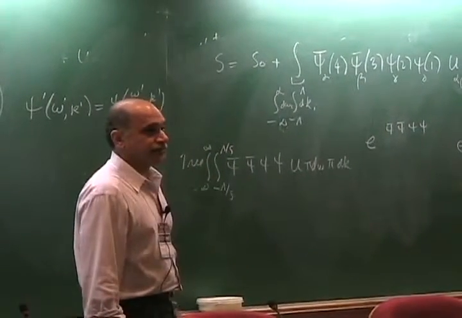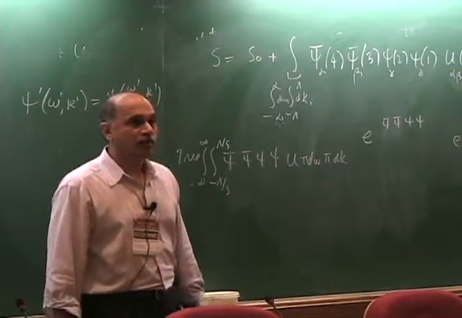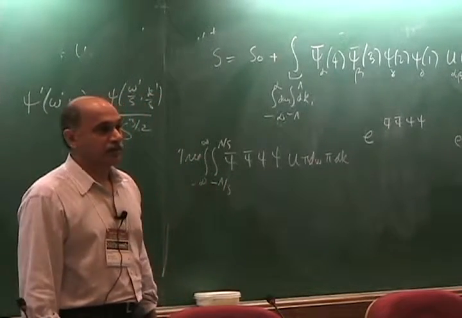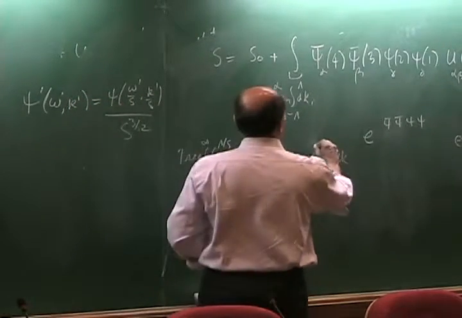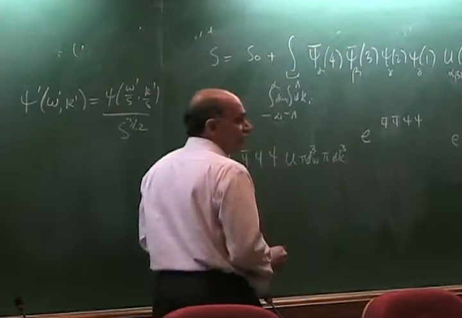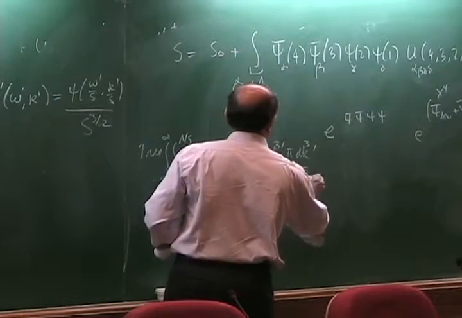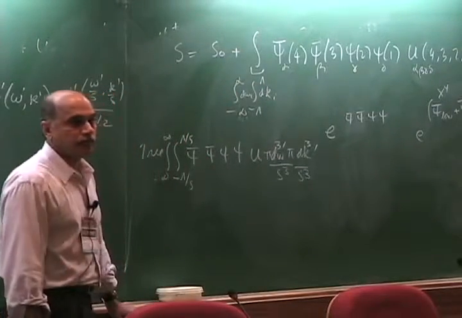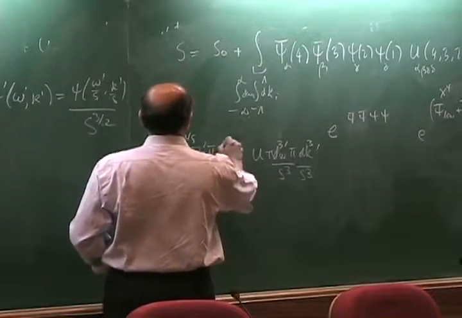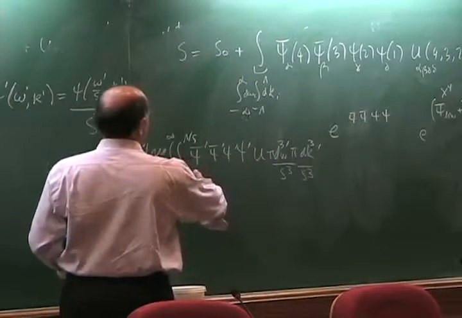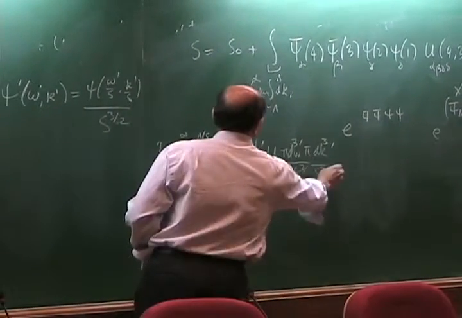This is not yet my RG, because my RG consists of mode elimination, followed by rescaling of momentum, followed by rescaling of the field. So if I now write this, there are 3 omegas and 3 k's. If I write them in terms of the new frequencies, I will get S cubed here and S cubed here. And these fields, when I write them in terms of the new field, psi prime, remember each one gets an S to the 3 over 2, so you will get another S to the 6 from the top, so this will cancel.